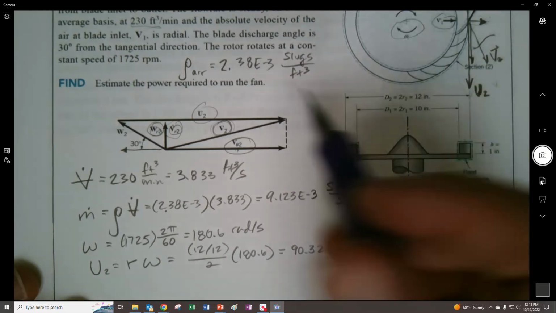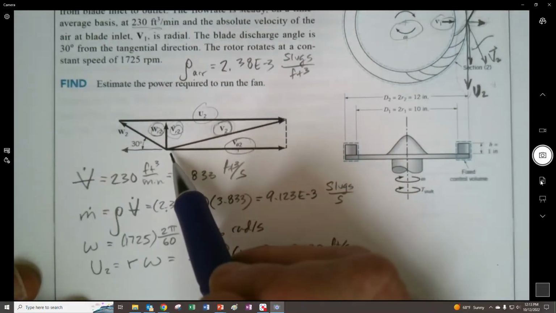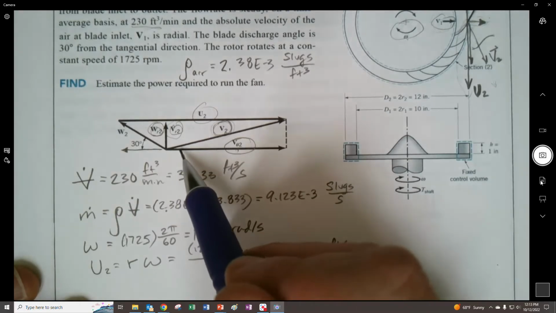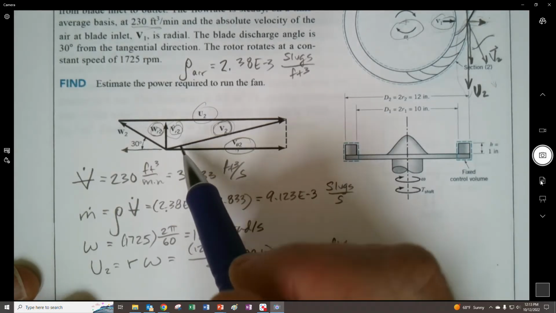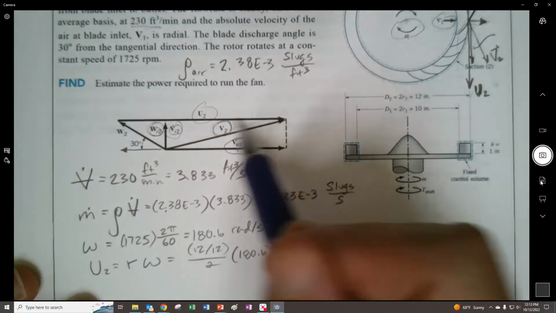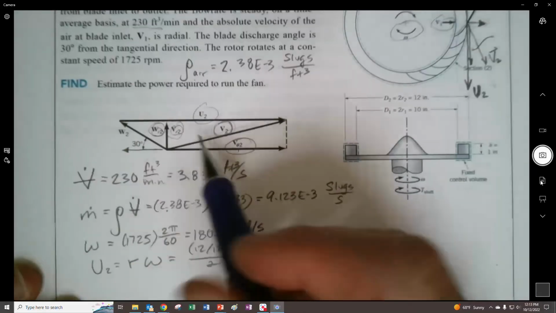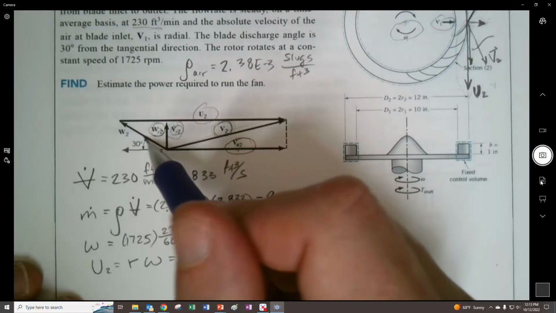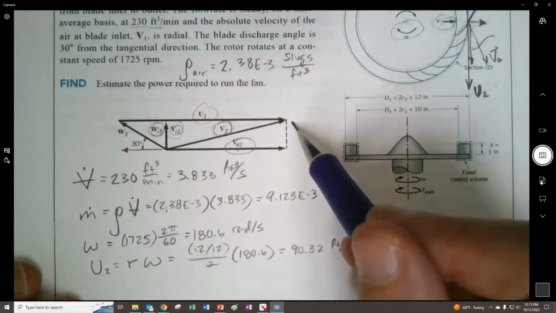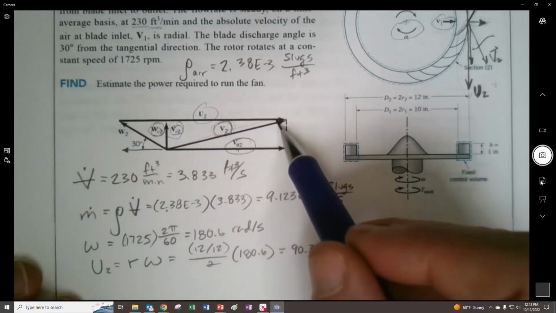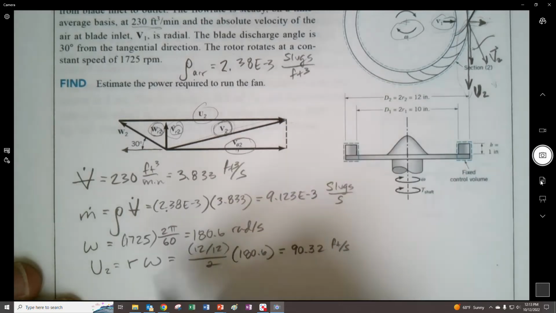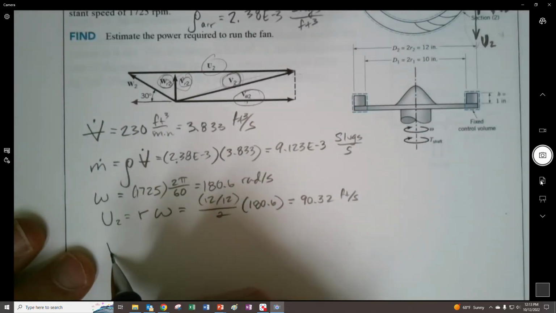The equation for which triangle? Let's decide. I want to go V. Let's say it's this triangle, this big triangle right here. So noticeably, W2 plus U2 is going to equal V2, right? So let's write that out.